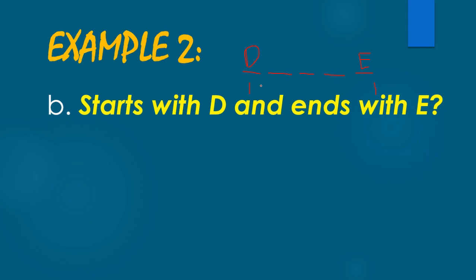So we can have 1 times 6P3 times 1. This 6 would be the 6 letters left after we use D and E as the first and the last letter. And then 3 because we only have 3 spaces.